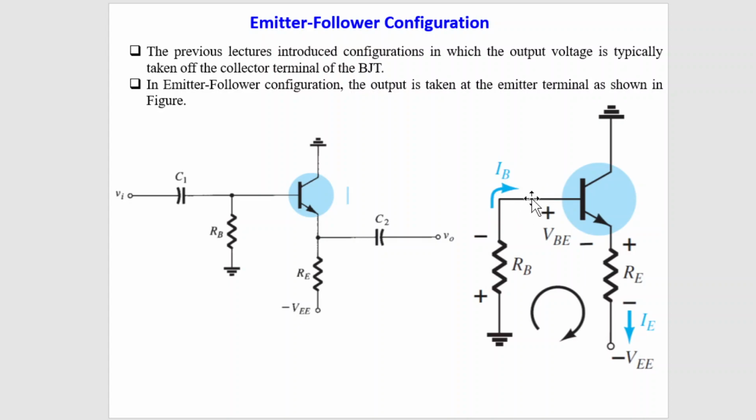And if we calculate the base collector voltage difference, because collector is at zero potential and base has some positive potential, so VBC, if we find out, should be in reverse bias. Obviously we will get some voltage drop here, so that will give us that this VCB or VBC will be at reverse bias, in negative potential. So this tells us that the transistor is in active region of operation.